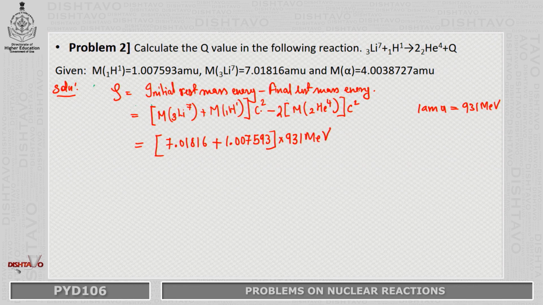So this c square is the rest mass energy, and in terms of atomic mass units we have converted it using this standard conversion, minus 2 times the mass of the alpha particle, 4.0038727 atomic mass units, into 931 mega electron volts. The numerical value of this would be equal to 16.7913 mega electron volts.